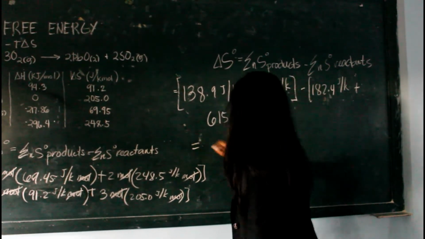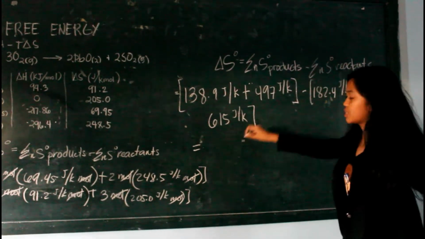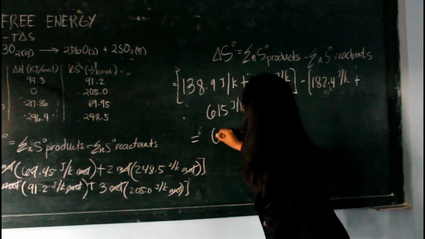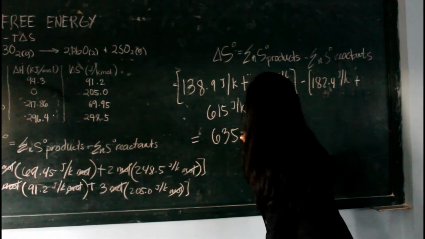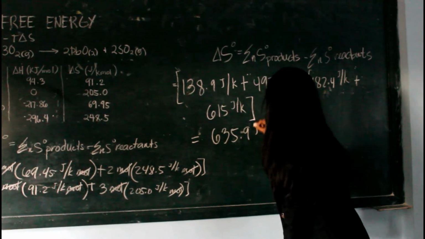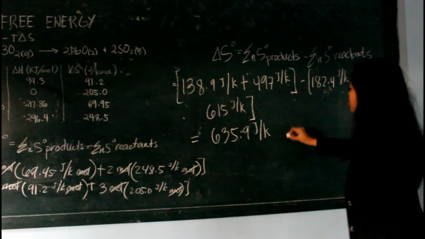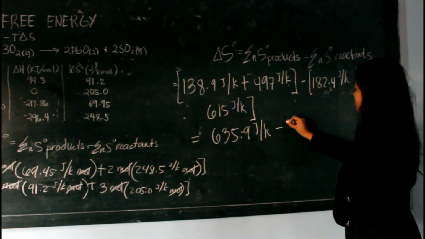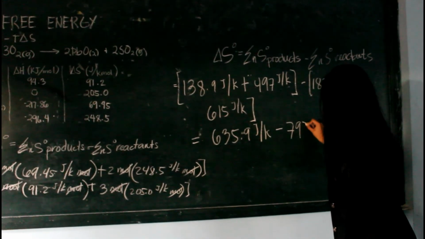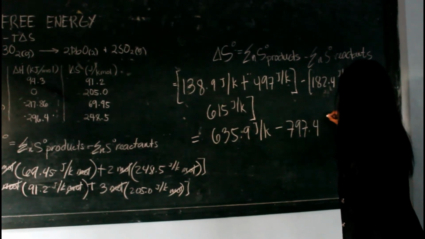So this will sum up to 635.9 joules per Kelvin, and this will sum up to 797.4 joules per Kelvin.